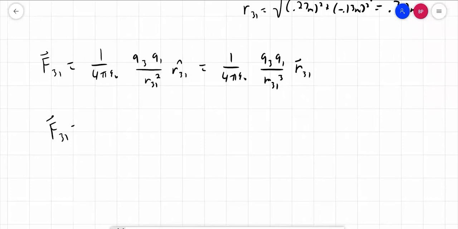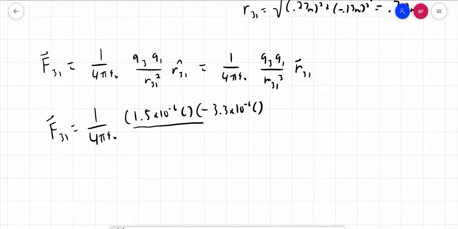So our F31 then is these constants that we don't care about times Q1. Well, Q1 was 1.5 times 10 to the minus 6 coulombs, times Q3. Well, Q3 was negative 3.3 times 10 to the minus 6 coulombs, divided by the distance cubed now.